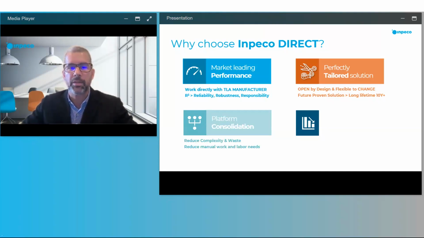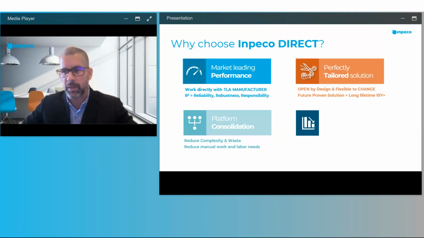Platform consolidation, so reducing complexity and waste, being able to reduce manual work and those labor needs that are more manual tasks that can be automated. That's what our automation systems bring. It's more so aligning your teams and your labor force to what they were trained to do.